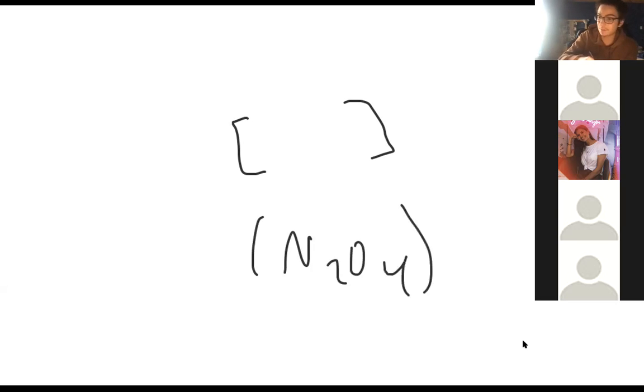Something I want to clarify that I'll bring up to the people in charge: whenever we are writing pressures of a compound, we don't want to use brackets, because brackets indicate concentration. So in this case, it'd be better to write N2O4 is equal to 18.6 torr. Just to let you guys know.